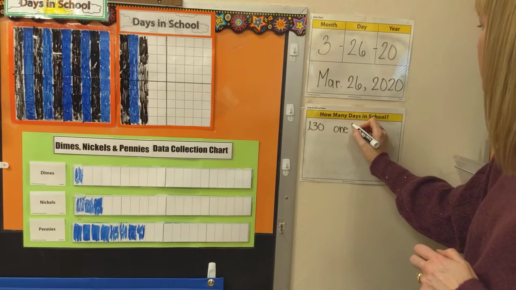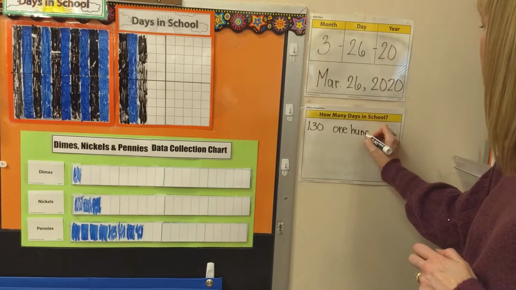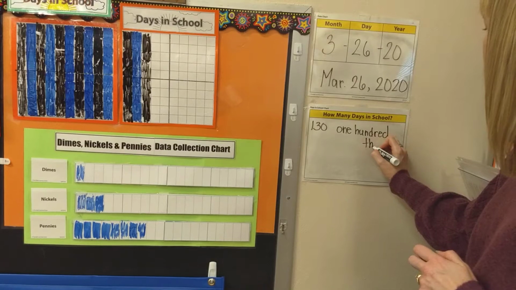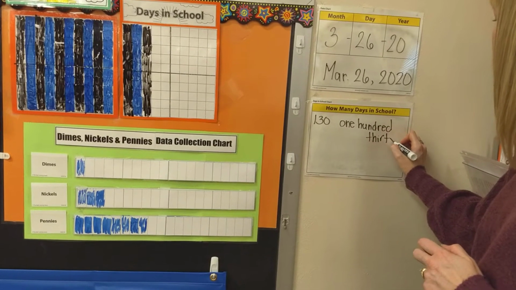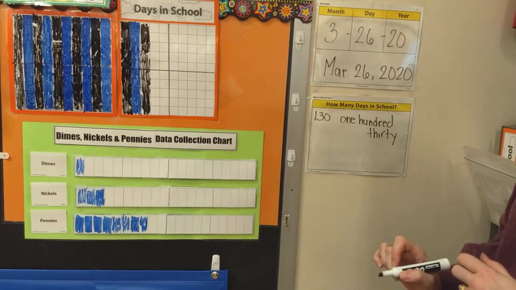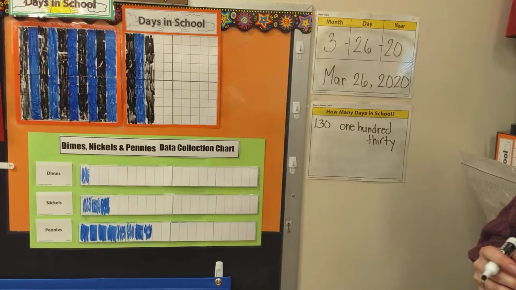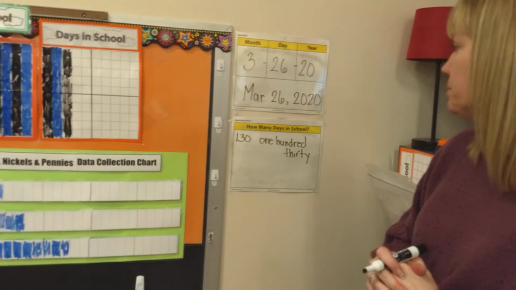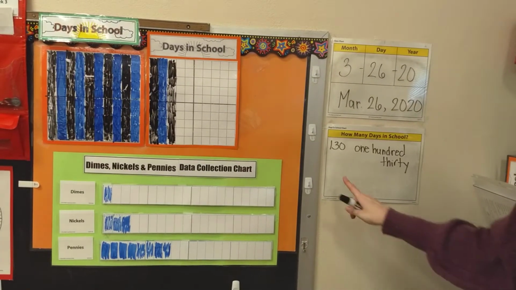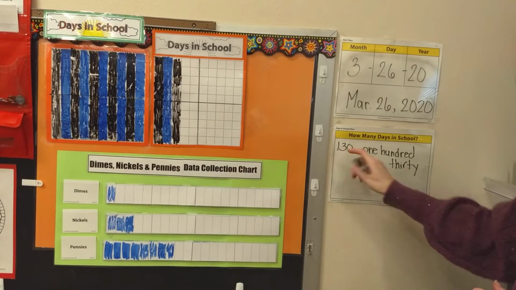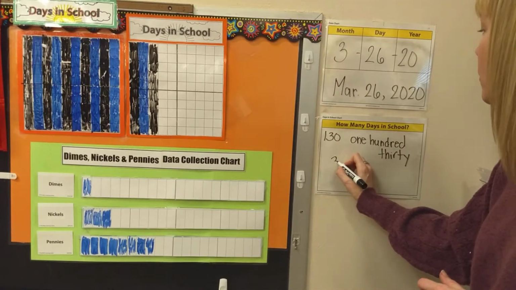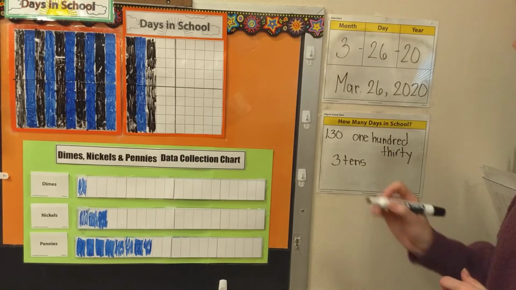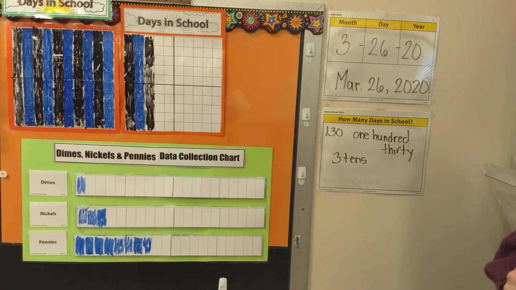So 100, 30. Now, I want you to think about how many tens are in the number 130. Well, we see that there is a 3 in the tens place, so we could say that there are 3 tens in the number 130.